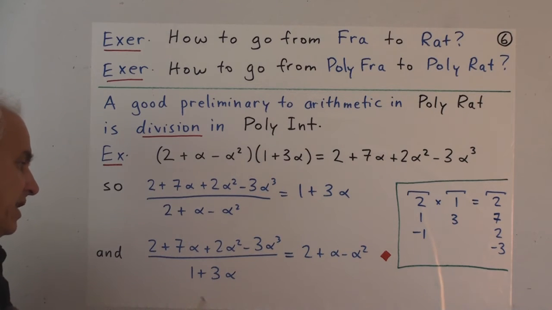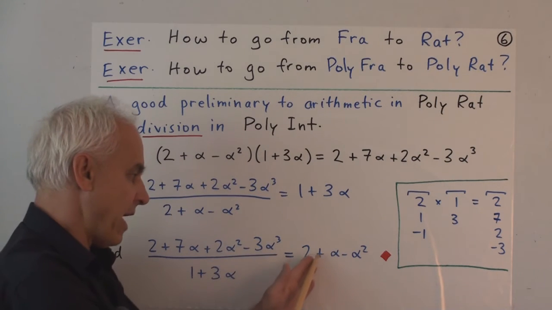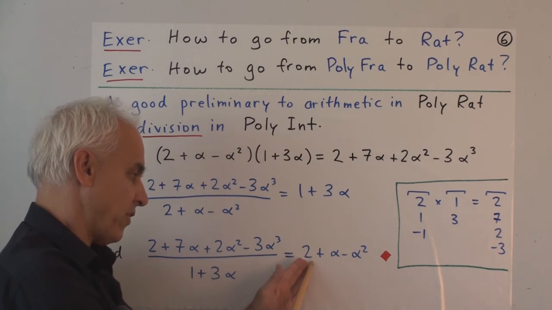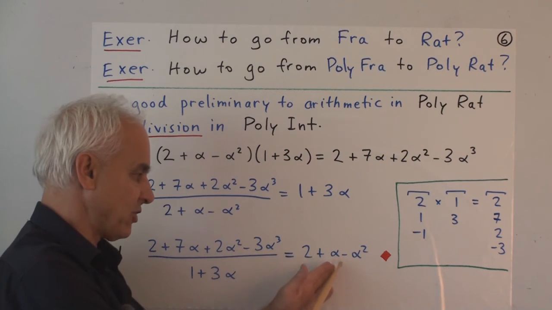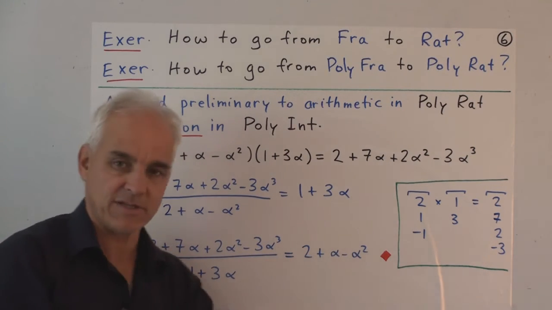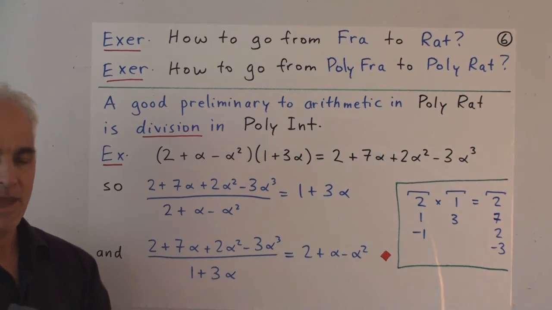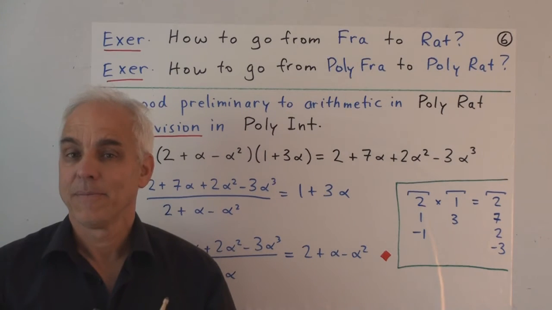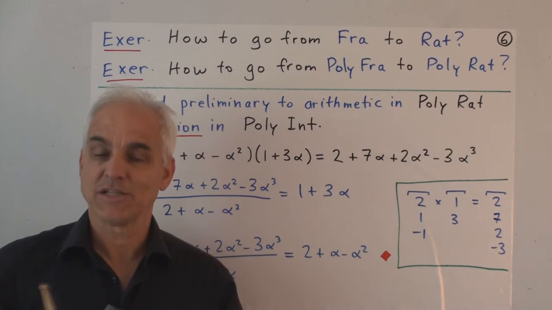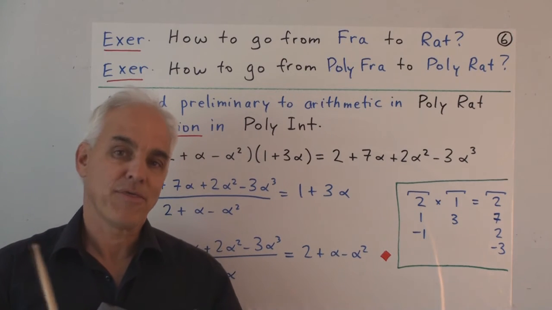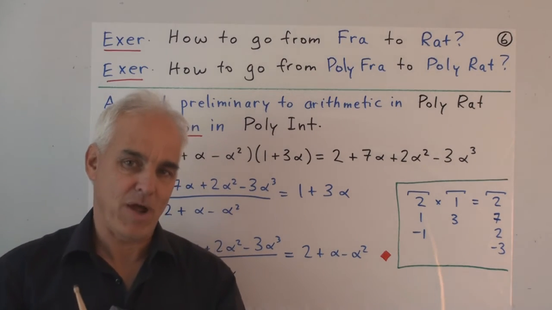All right, so that gives us an idea that maybe we can work systematically, figure out what the first term is, and then what's the second term, and what's the third term, and work systematically. In fact, we can do exactly like that, and it's really just the process of division thought about in a slightly different way.